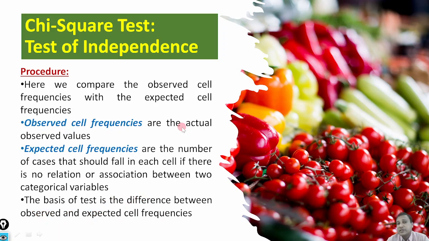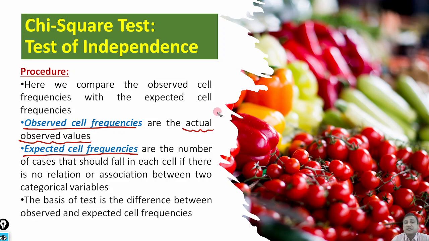So what is the procedure here in the chi-square test of independence? Here we compare two things. The first is observed cell frequencies and the other is expected cell frequencies. What is the meaning of observed cell frequencies? Observed cell frequencies are the actual observation values or observed values, the actual responses.